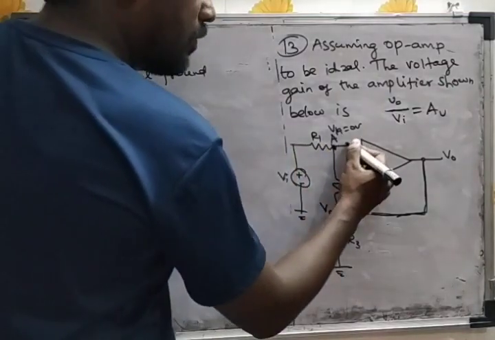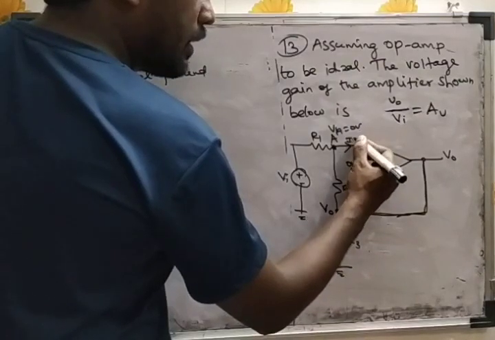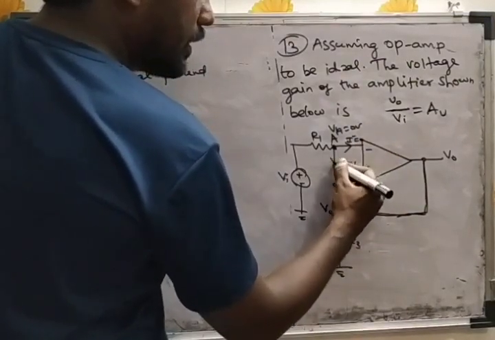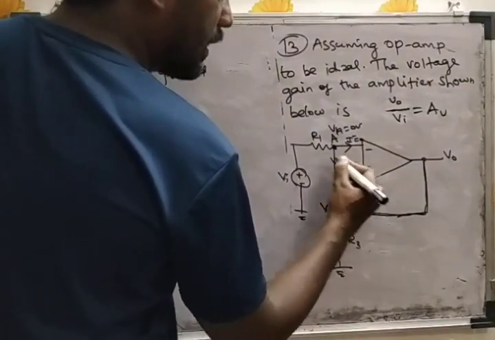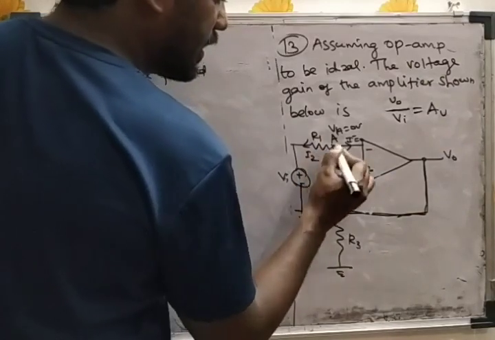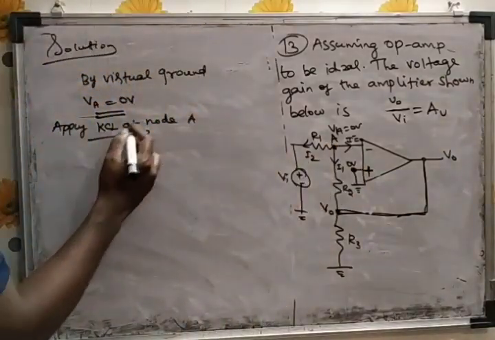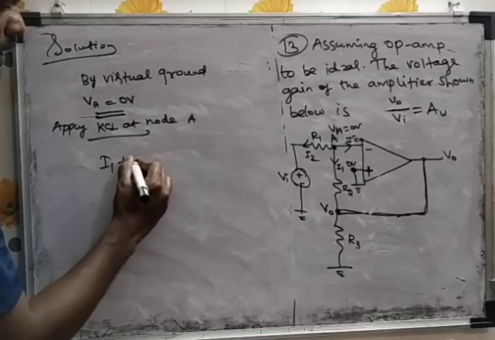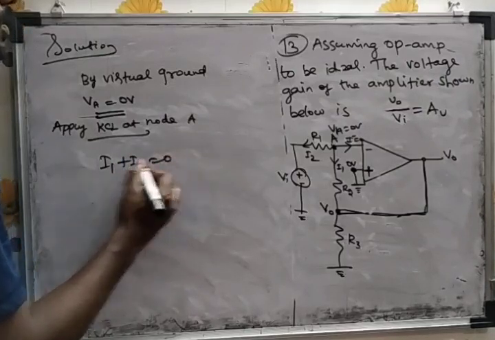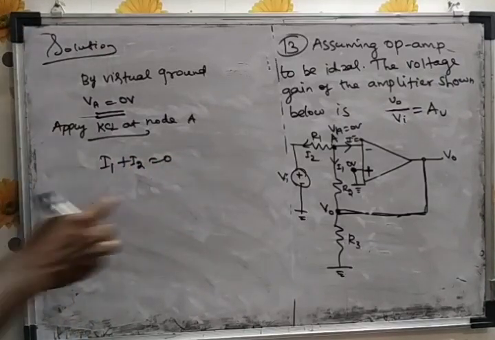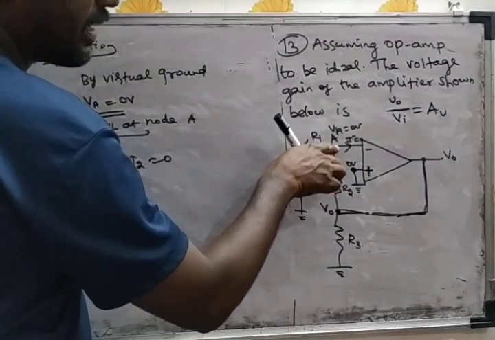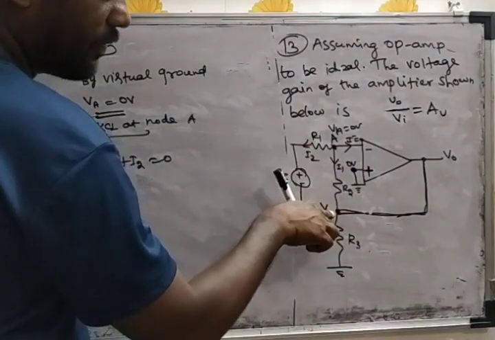So current flowing into the op-amp is 0, I minus is equal to 0. Here I am taking current I1, here I am taking current as I2. So according to KCL, I1 plus I2 is equal to 0. So what is I1? Here you have potential 0 volt, here you have V0.